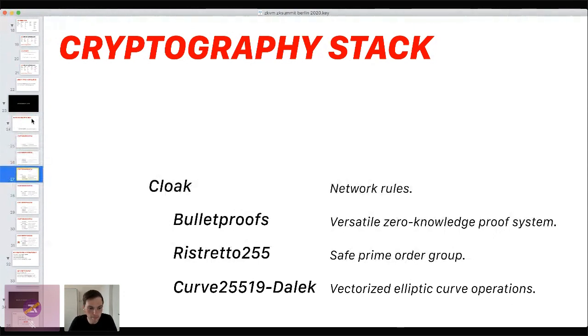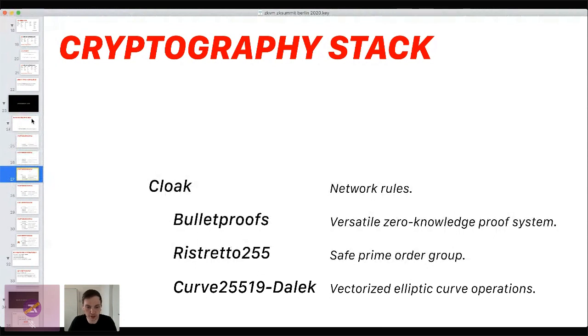We have two pieces. One is the Cloak protocol, which implements the mixing of some number of assets on the inputs into some number of assets on the outputs. It does this in zero knowledge, meaning that you don't know the distribution of assets, but it also makes sure that you cannot transmute assets like dollars into euros or create negative amounts.